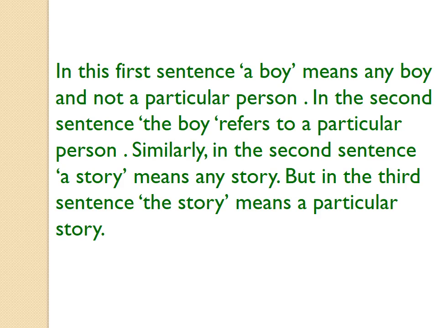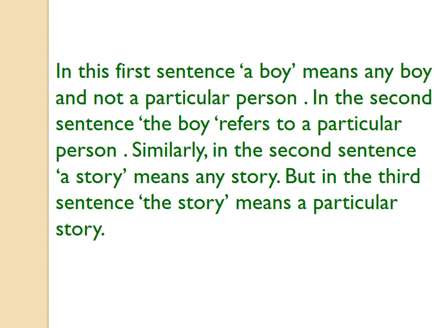After that, in the second sentence, the boy told me a story. Now the boy is specific because I have already met him, and I'm talking about that particular boy. So here the boy is specific. That's why we have used the definite article the. But in the second part of the sentence, again the word a story is used.